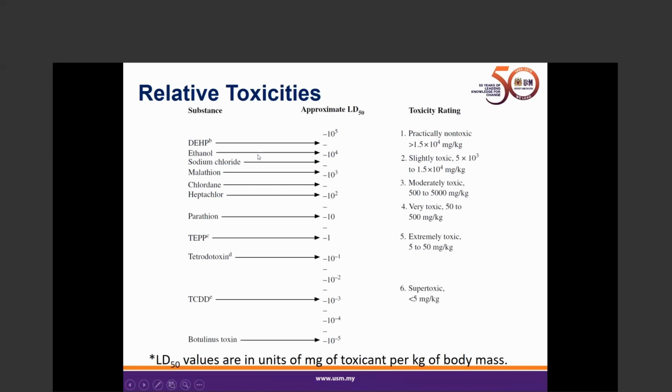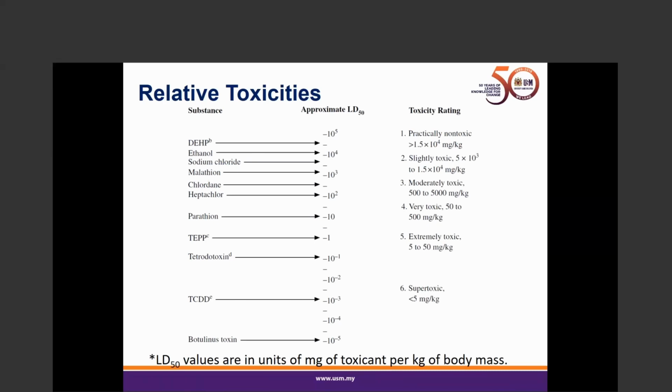For example here, we have diethylhexyl phthalate or DEHP, a low toxicity plasticizer added to plastics such as polyvinyl chloride to make them more flexible. We have here malathion, which is an organophosphate insecticide.